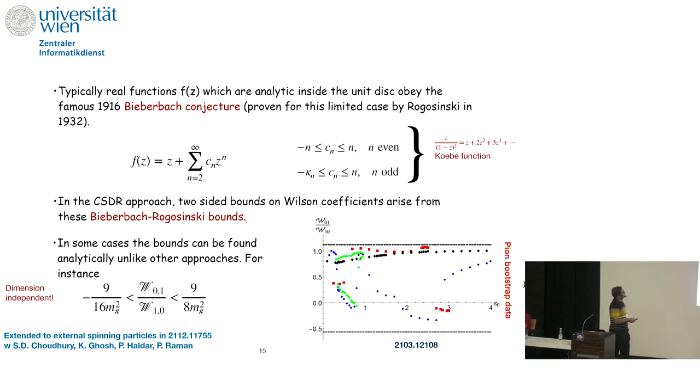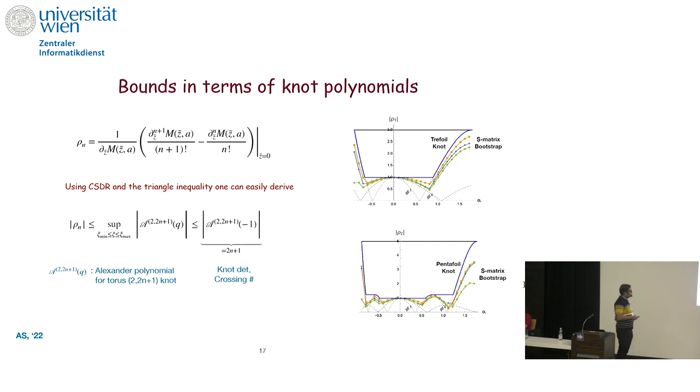Now, one thing that is curious is that you have an integer here. You could ask, does this integer have some more geometric interpretation than naively being just the index of the power of z? You can construct linear combinations of the Taylor expansion coefficients made from the amplitudes, and you can show that the absolute value of this object is bounded, and the bound is in terms of the Alexander polynomial at a specific value.